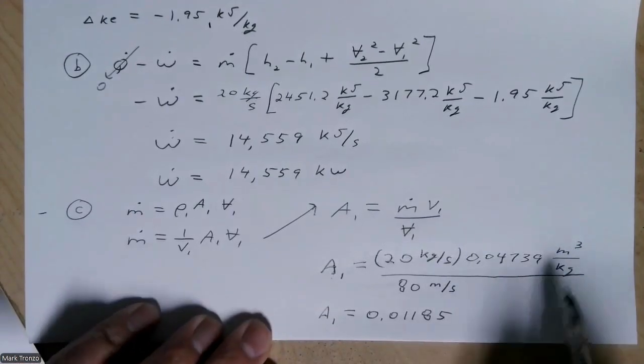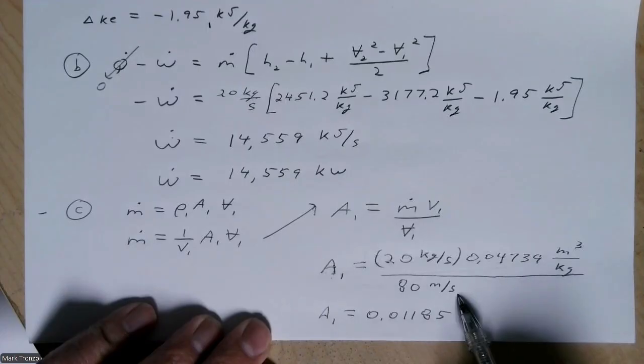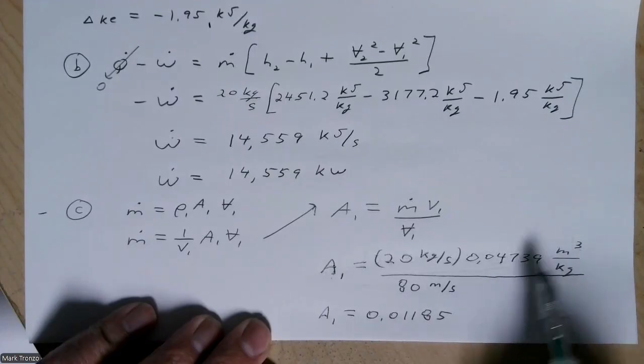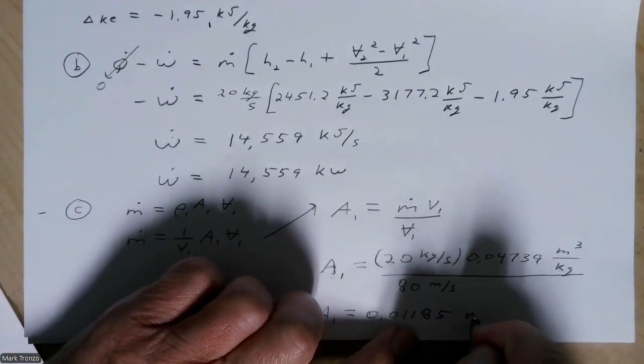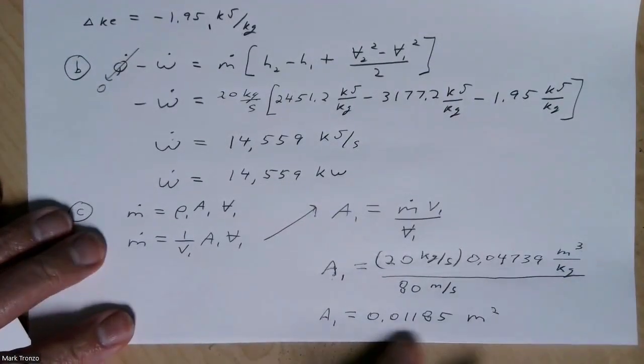And let's check our units. Kilograms will cancel. The seconds will cancel. And this would be meters cubed divided by meters, so it'd be meters squared. So that's going to be our inlet area.